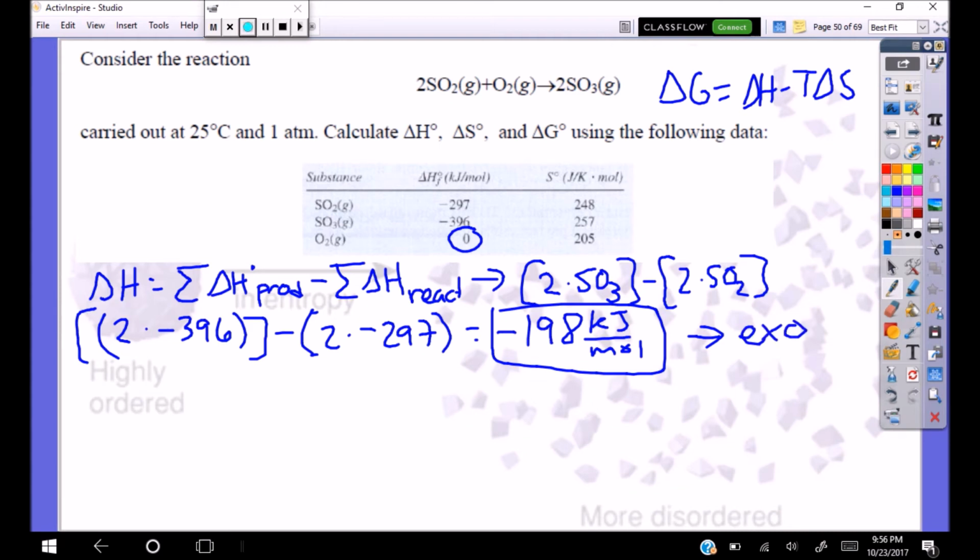All right, we're going to do the same thing with delta S, except I'm going to skip some steps. We know same process, products minus reactants. This time I have to include my oxygen because I have a value. So I've got 2 times my products, 2 times 205 joules per Kelvin mole.